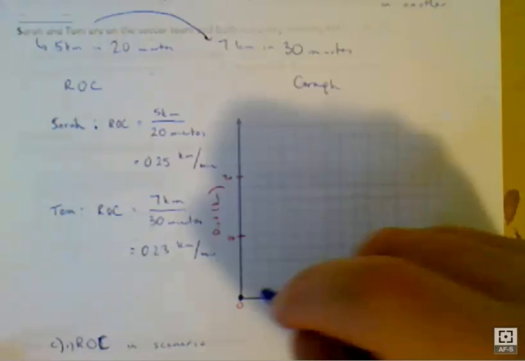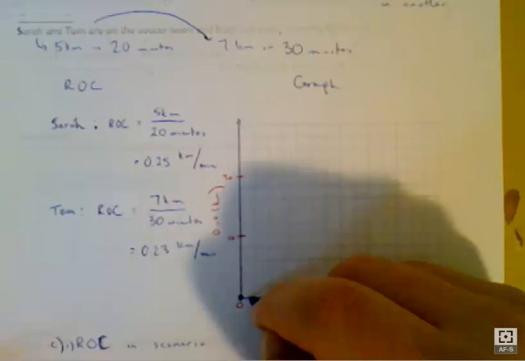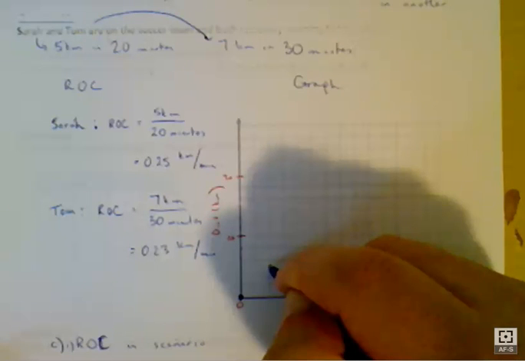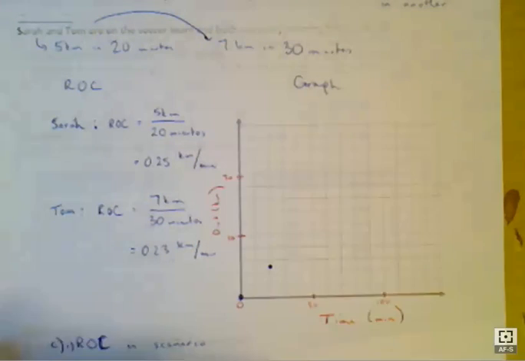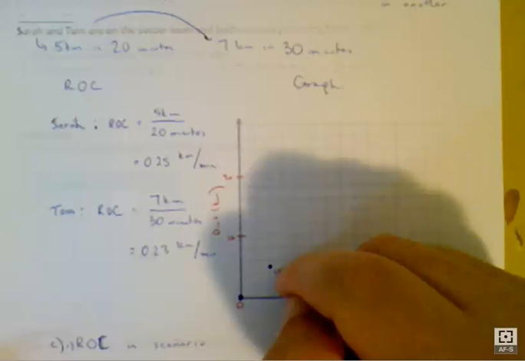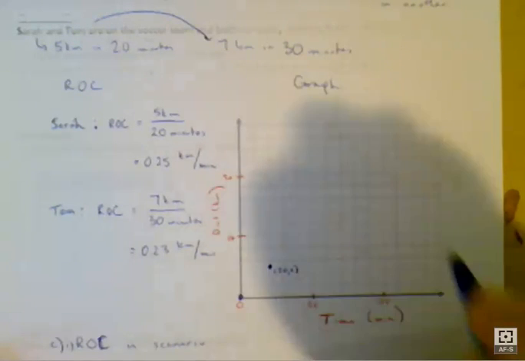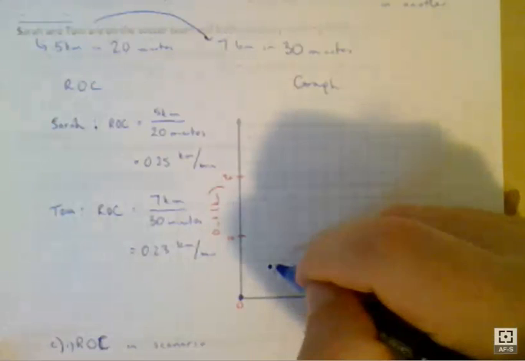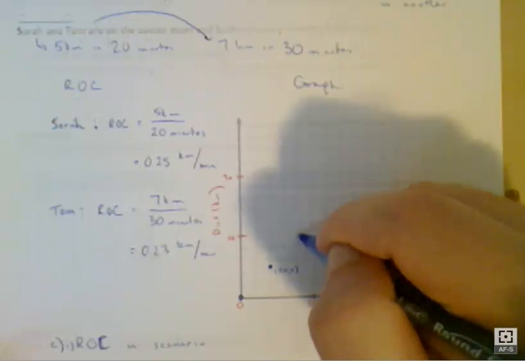So in 20 minutes, 5 kilometers. That's like, and I'll add it for this one, not for others though, the ordered pair 20, 5. And then in another 20 minutes, she's run another 5 kilometers.